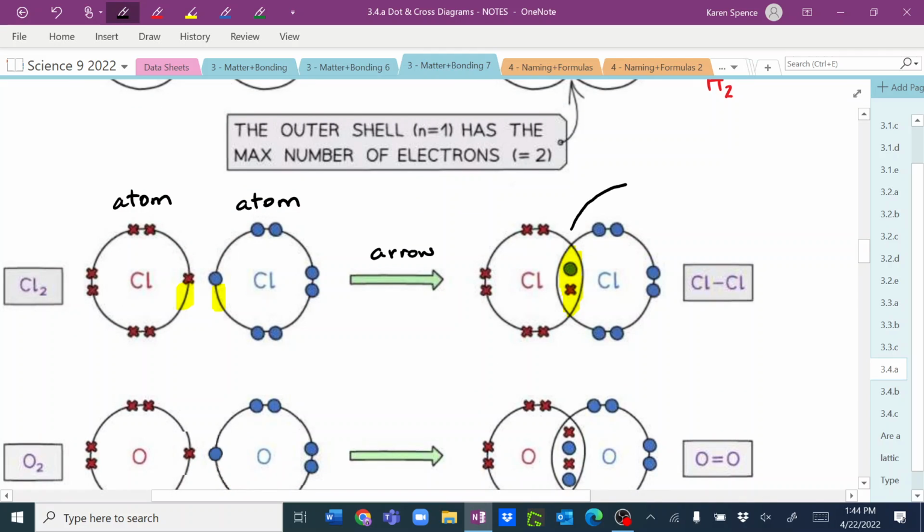And here we have how many pairs of shared electrons? One pair of shared electrons. So is that a single, double, or triple bond? That is a single bond. Excellent.